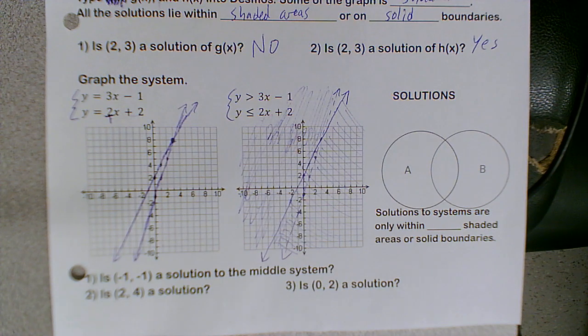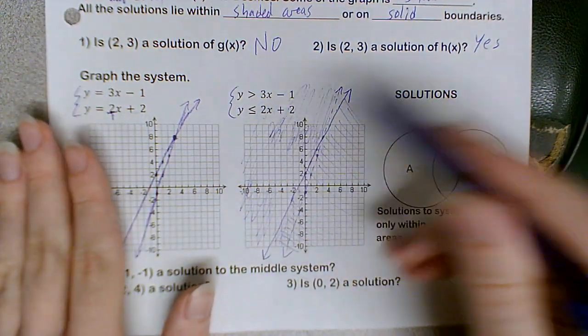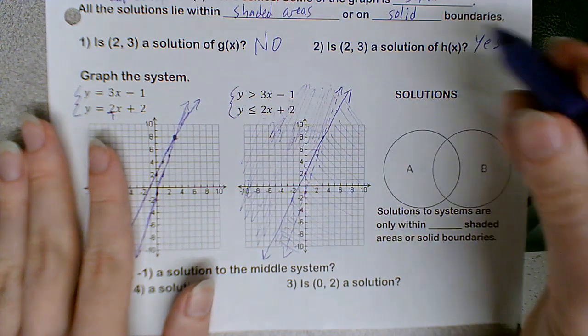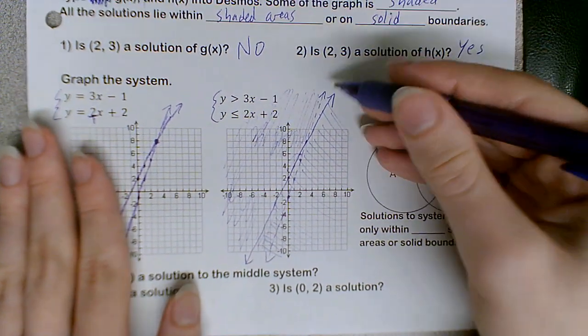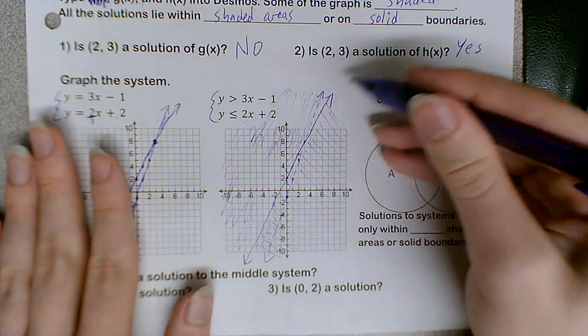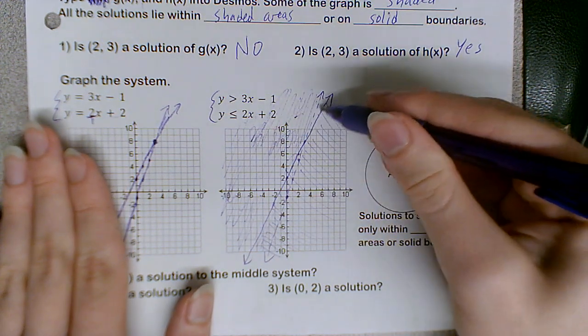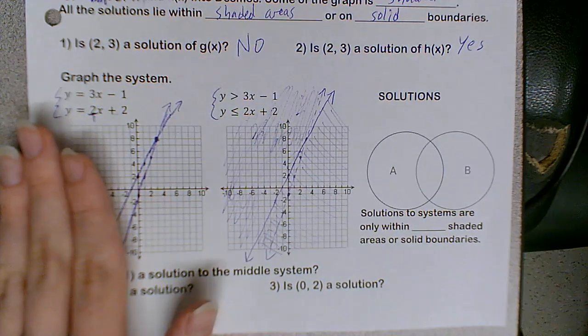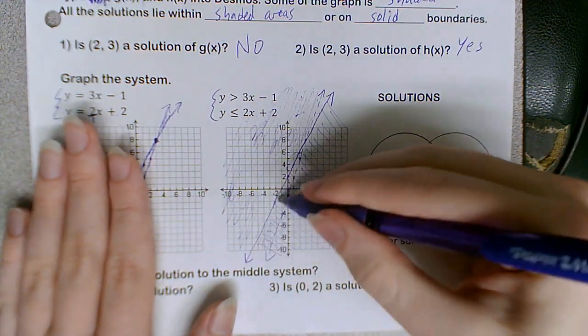So you see that we have this part on the left that is just shaded once, and this part on the right which is just shaded once. The part on top is not shaded at all. So the points in here are not solutions to either one of these. And we have this shaded area right here, which is shaded twice.